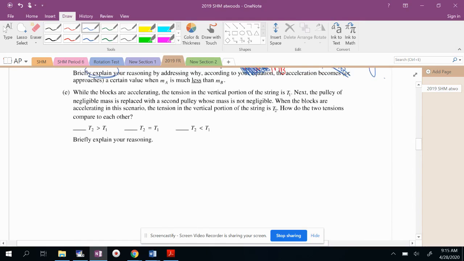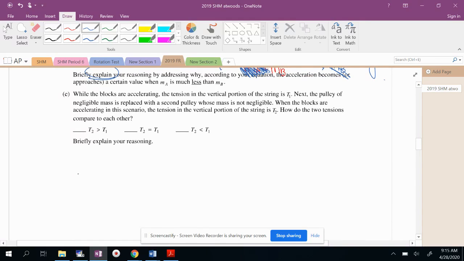Okay, so I'm gonna draw this original. Okay, so I have, this is the free body for the original situation, and this is mass 2. This is FG2, and then that tension is T1.